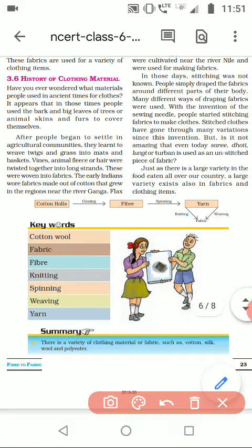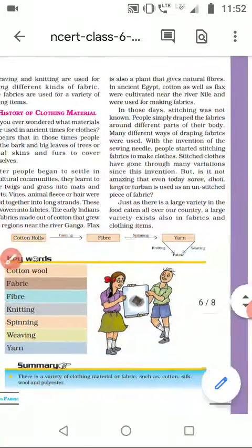Then later on, when human beings started agriculture, they found that grasses and twigs can be converted into mats and baskets. Then they found out that some plants like cotton and flax have fibers in them, and these fibers can be used to make thread.